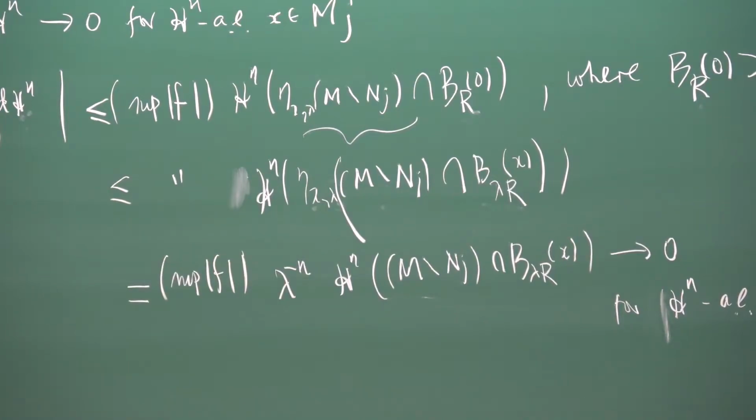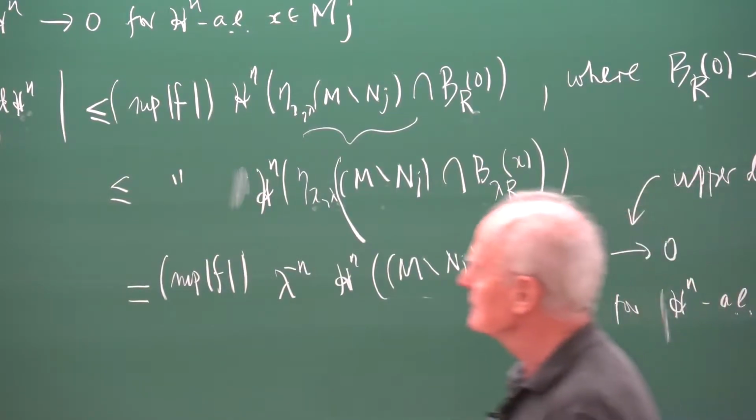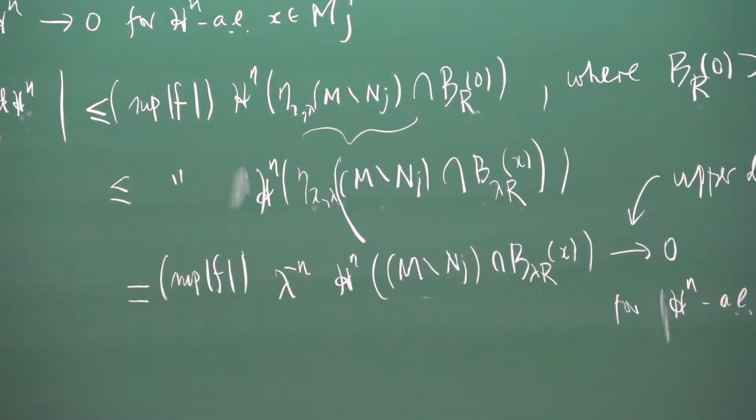But that contains M_j. So certainly for H^n almost every x in M_j, this tends to 0. This is by the upper density theorem. So that's nice. That's a nice application of the upper density theorem. So that means this indeed does tend to 0.